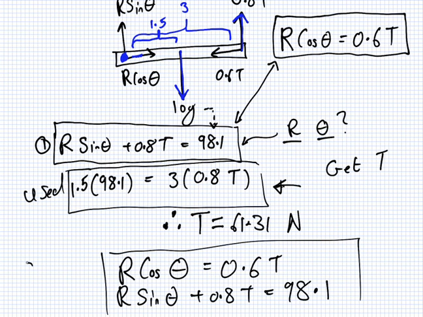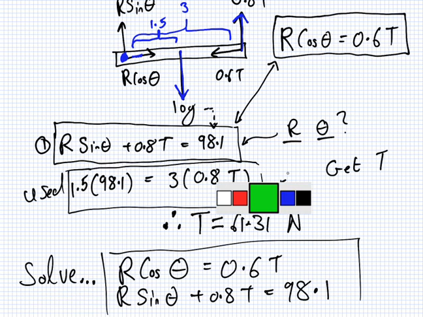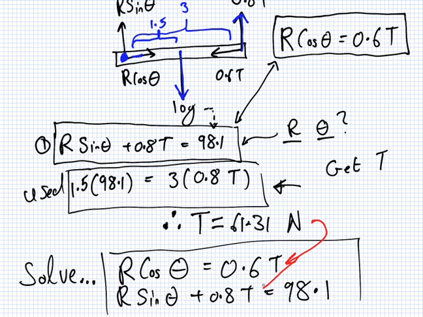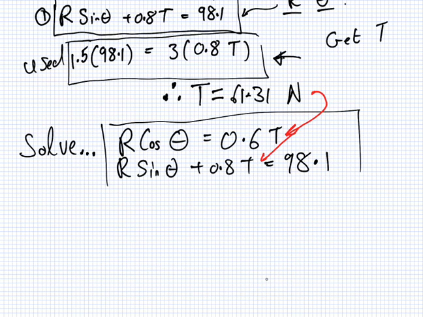And now we want to solve this. Now, the good news is I know what the T is, don't I? So on your calculator, can you take this value for T and put it in here and here and tell me what numbers you get?